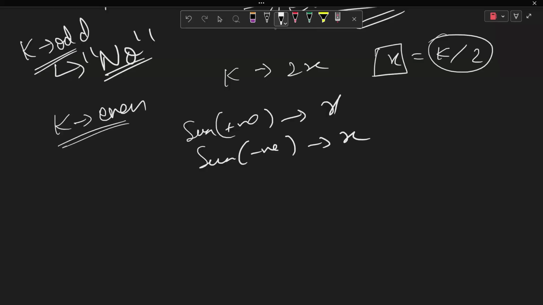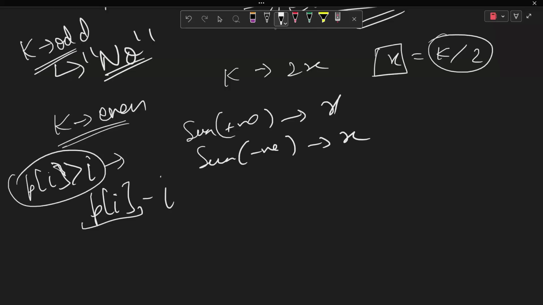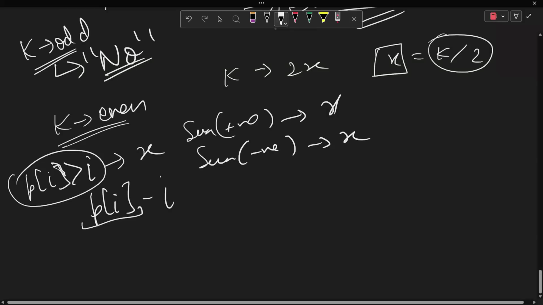And now we have to make this permutation such that the sum of positives, what's positives? It means pi minus i. So all those places where pi is greater than i, the sum in those places should be x, or k by 2. Our x is just k by 2. Okay, so if we are given a k that's odd, just print no and return.